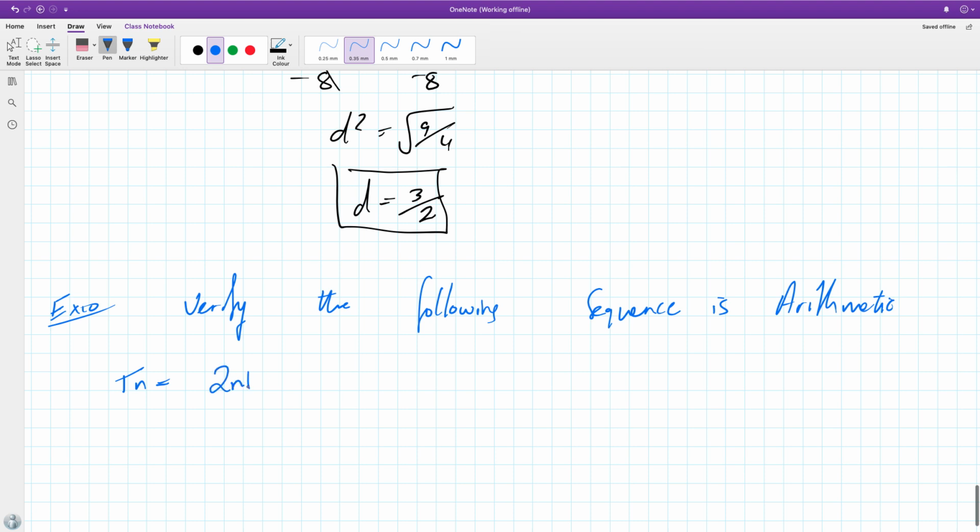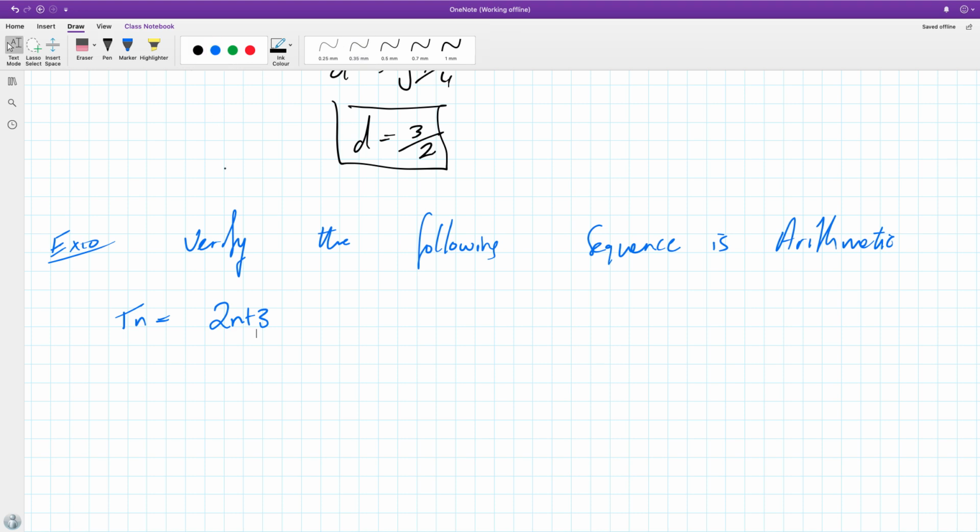Tn is equal to 2n plus 3. Anyone able to verify that it's arithmetic?